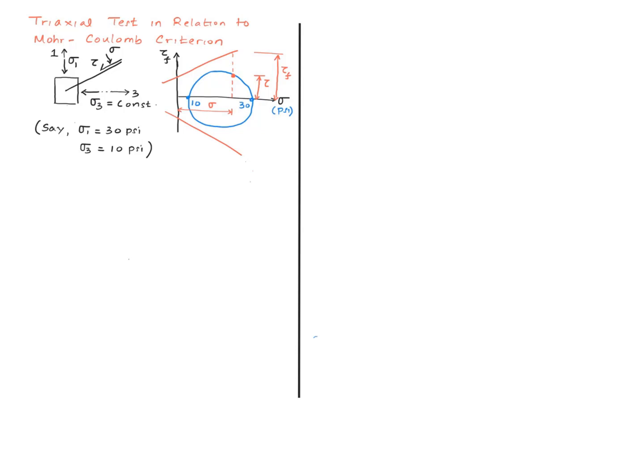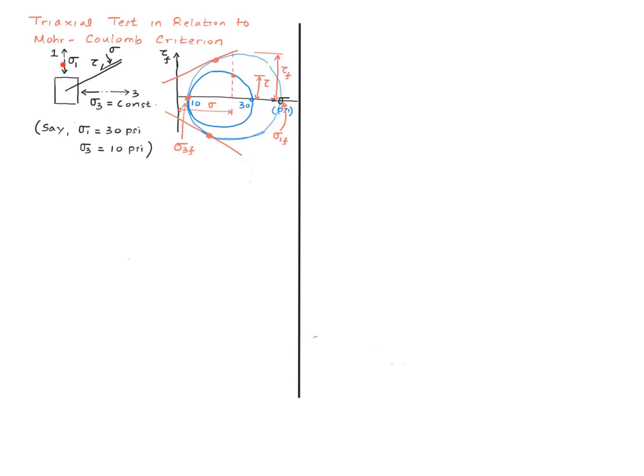Before the material fails. But the existing shear stress is way below the failure stress, and therefore it's definitely not going to fail on that plane. Well, what about other planes? We can go around and every point on the Mohr-circle lies below the failure envelope, and therefore the material is not going to fail.